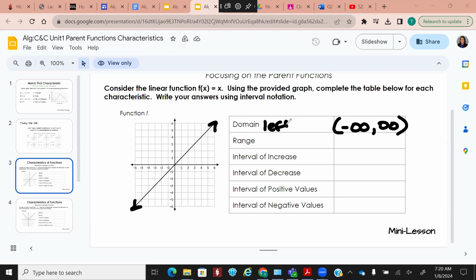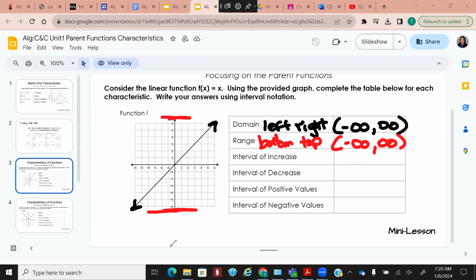It's saying from left to right. Range is also going to be the exact same thing. It's going to be from negative infinity to positive infinity. This is from bottom to top. So from bottom to top, where does it stop and start? Well, negative infinity to positive infinity.